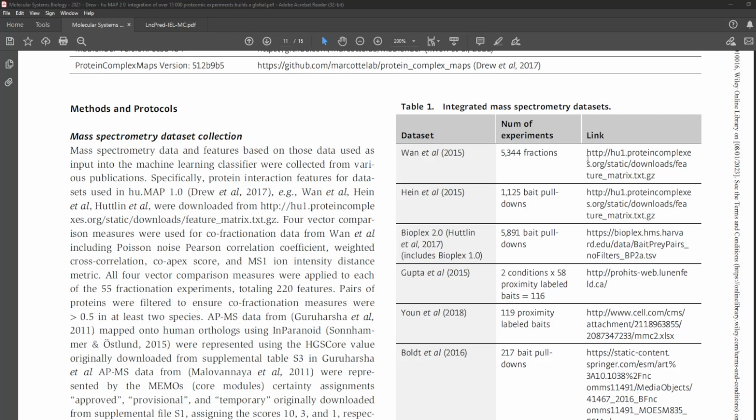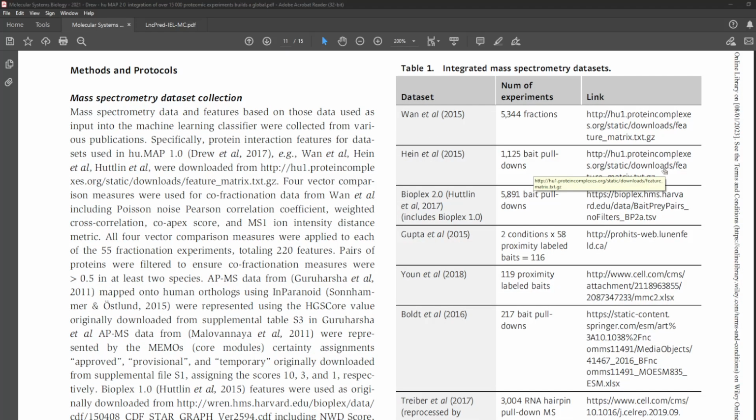Gupta et al., 2015, 2 conditions x 58 proximity labeled baits equals 116, http://prohitsweb.lunenfeld.ca. Yoon et al., 2018, 119 proximity labeled baits, http://www.cell.com/cms/2118963855/2087347233/mmc2.xlsx. Bolt et al., 2016, 217 bait pull-downs.